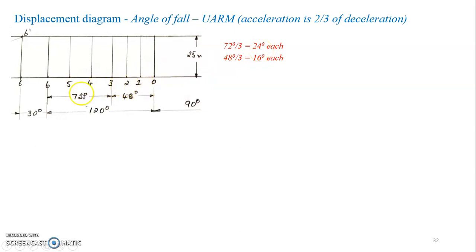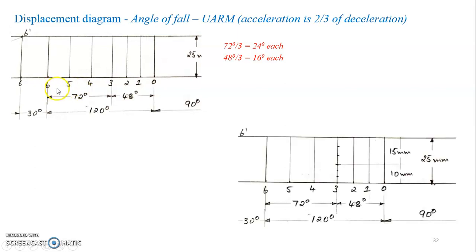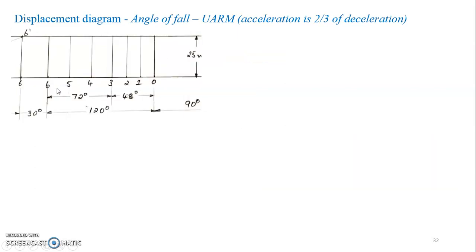When I put it on the scale, since I have taken a scale of 2 mm equal to 1 degree, the distance between the lines is 12 mm each, which represents 24 degrees. Similarly, 48 degrees divided by 3 is 16 degrees each, so the distance between these two lines is 8 mm each. This is how you divide it.